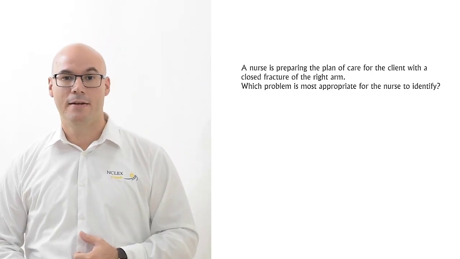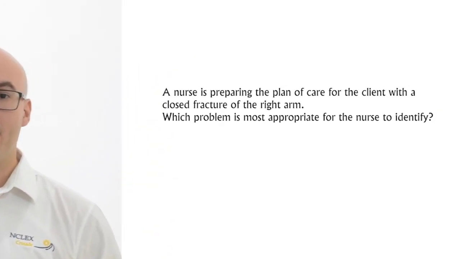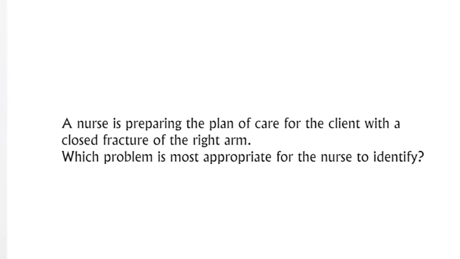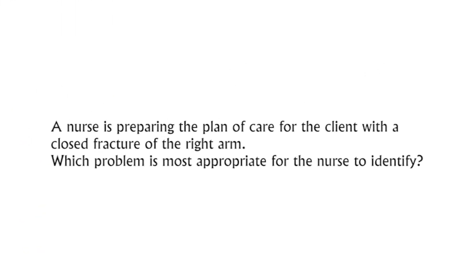Let's practice a question together using the Maslow's hierarchy of needs prioritization strategy. A nurse is preparing the plan of care for the client with a closed fracture of the right arm. Which problem is most appropriate for the nurse to identify?